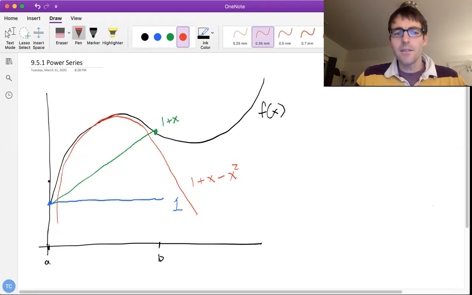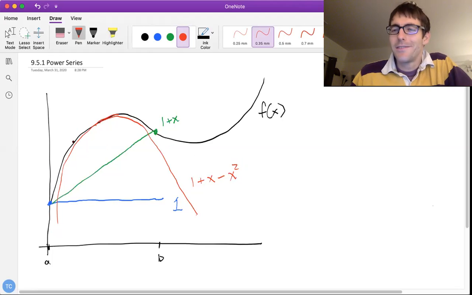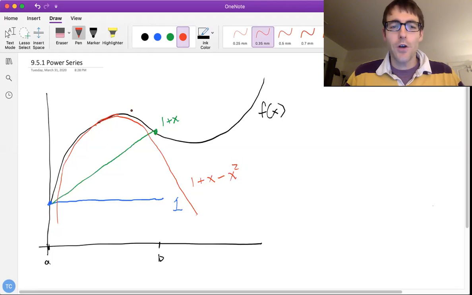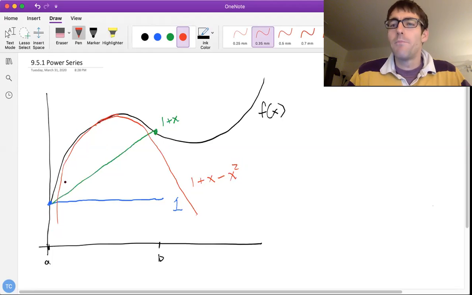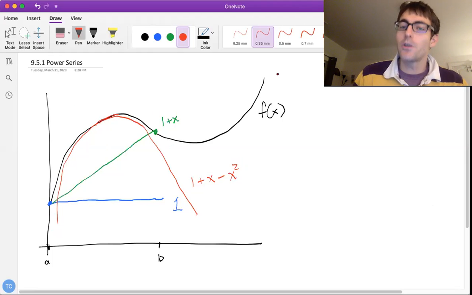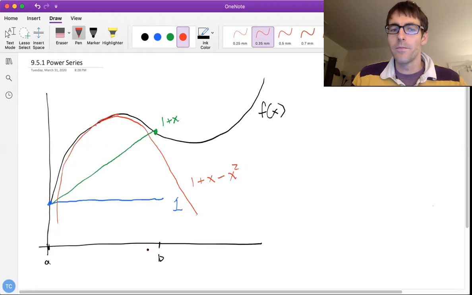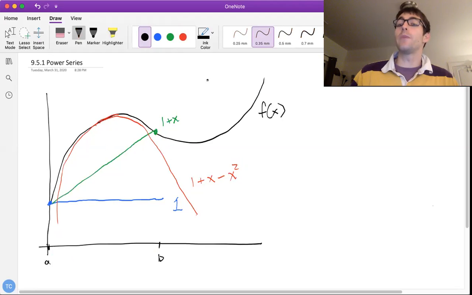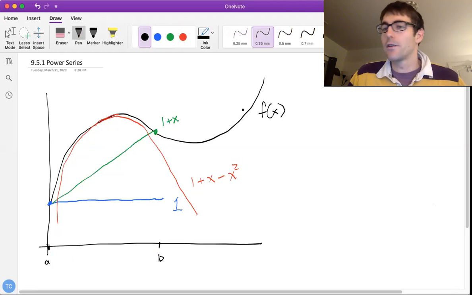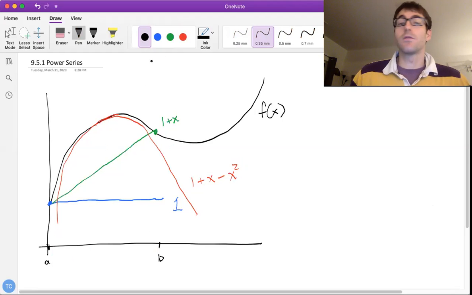And as we can see, even with this kind of questionable drawing, this is a much better approximation for what our function is doing over this range from A to B. And we can sort of imagine, oh, if we allowed this to be a cubic, maybe it would be even closer. f of x sort of already looks a bit like a cubic. Maybe the behavior would match even closer.